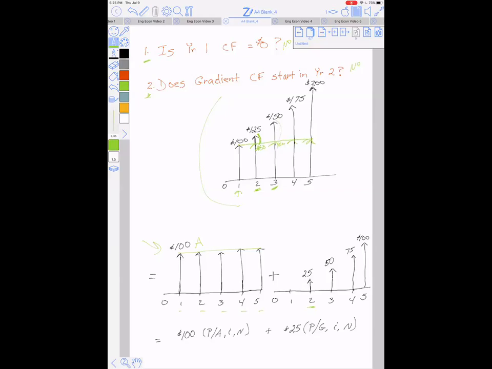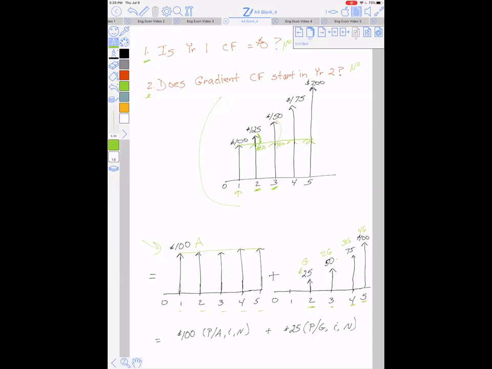So I've plotted down here $50 in year 3, and then so on. So this is really the amount of the gradient is $25. In year 2, the gradient is $25. In year 3, it's 50, 2G. In year 4, then it's 3G or $75. And in year 5, it's 4 times G or $100.